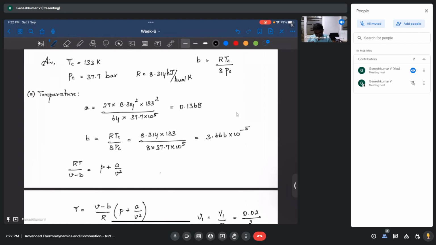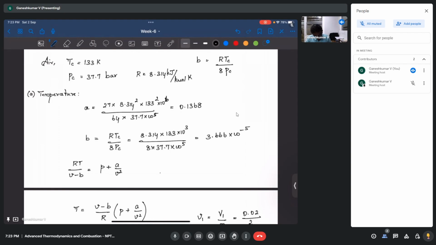This is in terms of kilojoules per kilomole Kelvin, right? So we need to multiply by 10 power 3, and the whole square is going to be 10 power 6. Try it again, 27 into 8.314 square into 10 power 6 divided by 64 into 3.15 into 10 power 5.